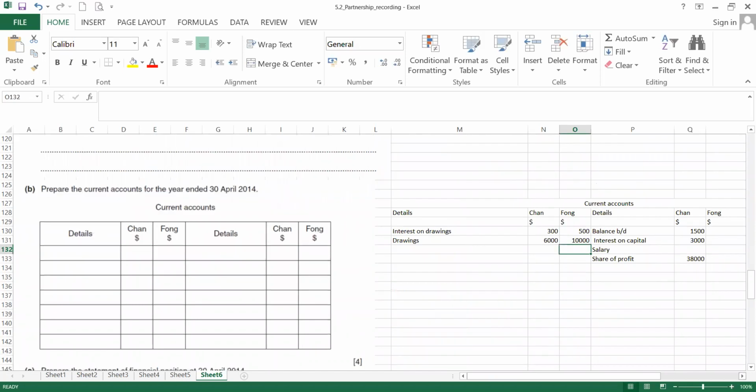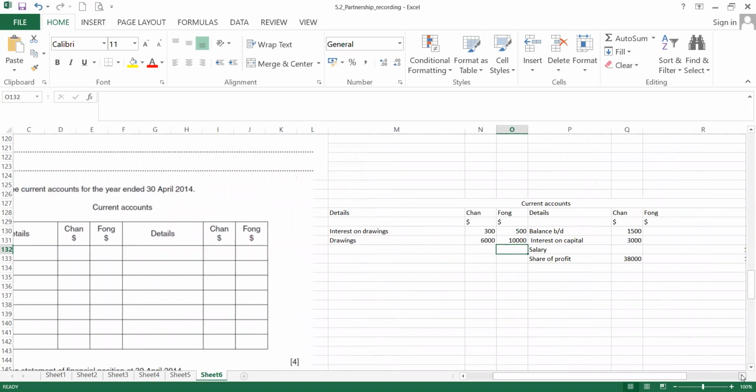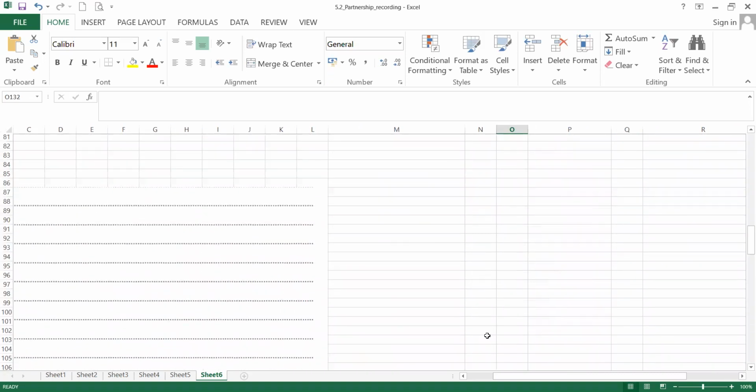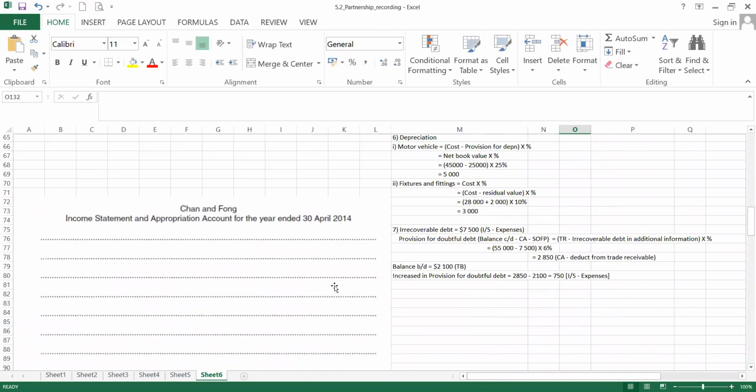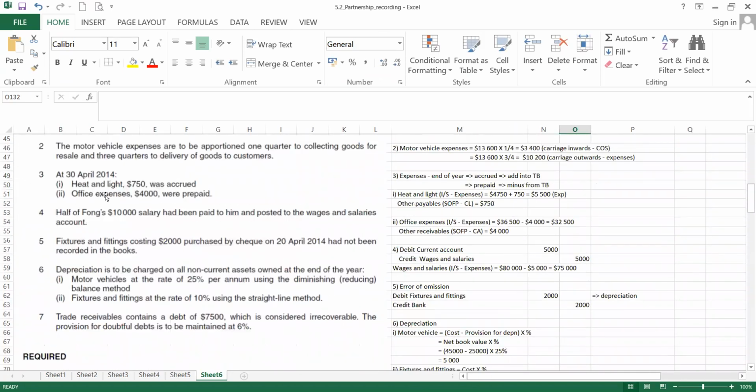Now we have to take note of what the additional information mentions, so it is important to write it somewhere in the question. They say that half of the partner's 10,000 salary has been paid. How much has been paid? We paid 5,000 already.